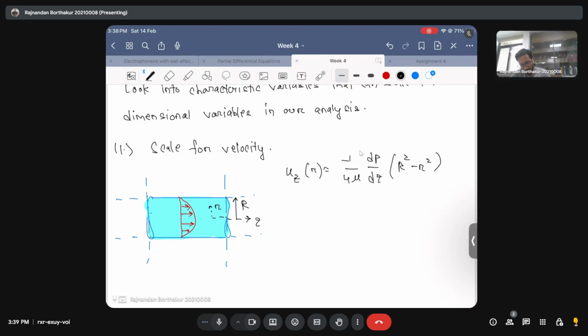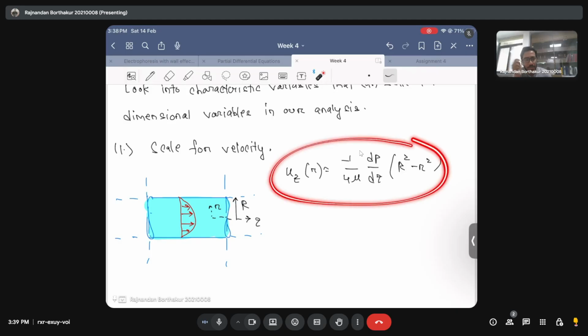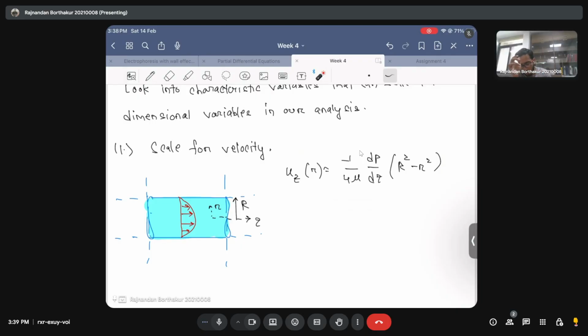Okay, so then if someone asks me that can I now define a non-dimensional velocity, I hope you realize that this u_z that I have written is a dimensional variable. So unless I mention otherwise, I shall denote all my dimensional variables as dash quantities. That means that my u_z is going to be dashed because this is a dimensional variable, and so are r dash and small r dash.